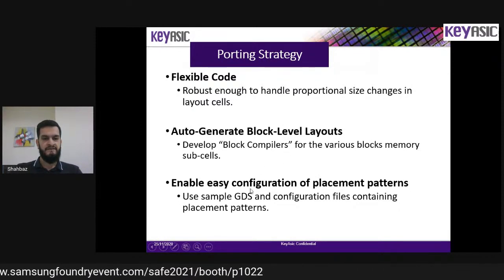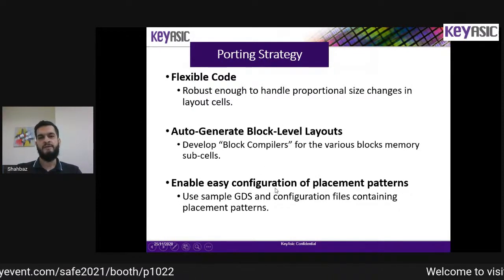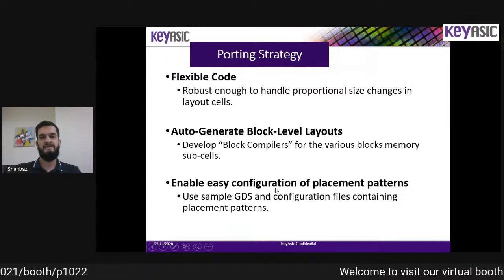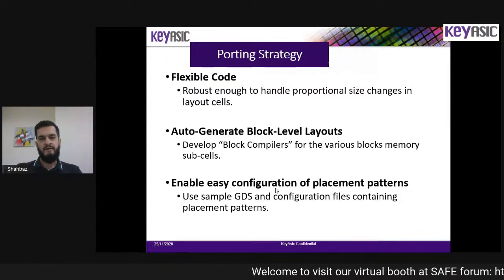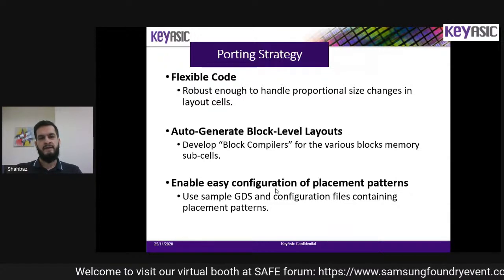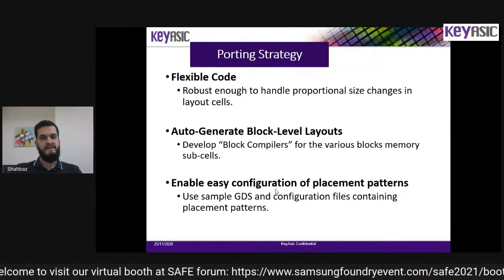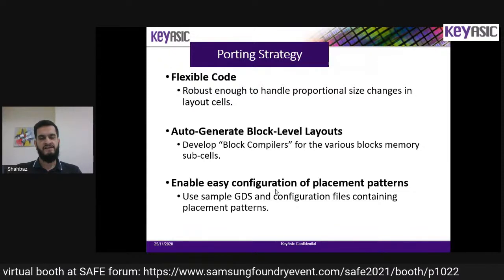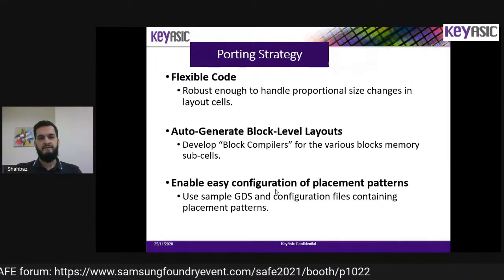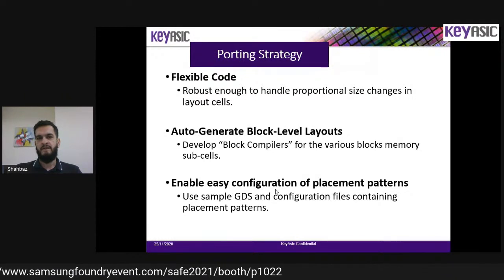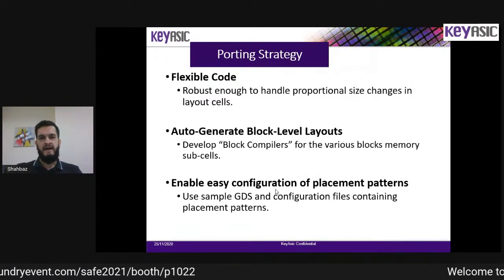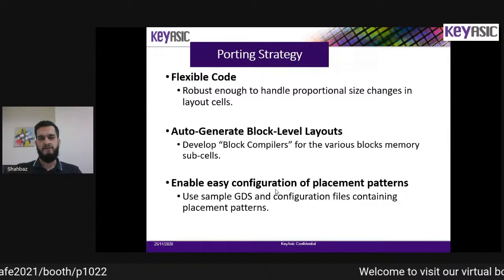And in addition to this, the memory compiler should be able to enable easy configuration of placement patterns. So for example, if we want to change the floor plan, it should be configurable and easily done by only changing a few parameters in a few configuration files, for example, and should not require an entire change of layout by drawing a layout.